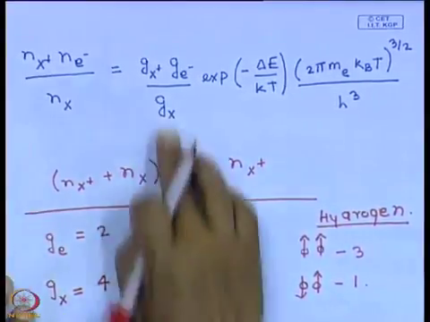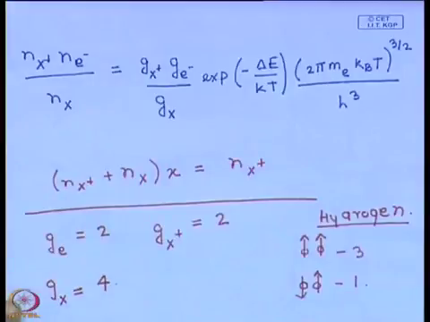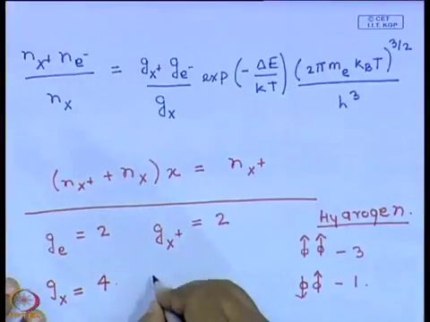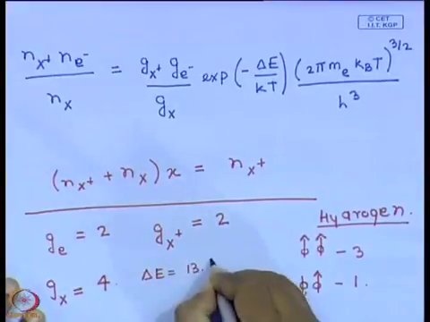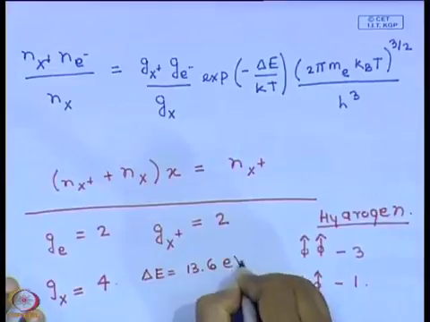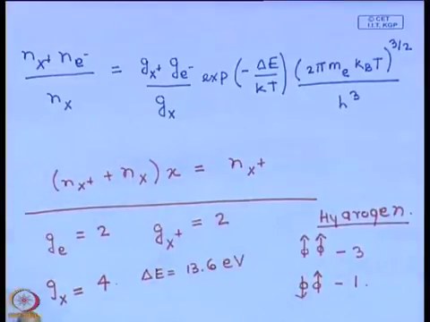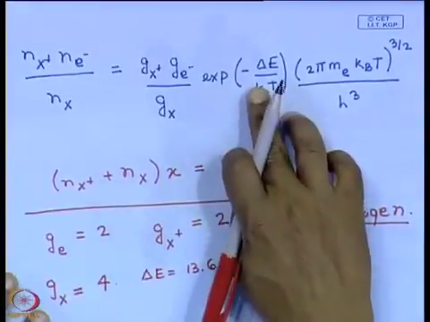So, you can put in these numbers here. The ionization potential for hydrogen is 13.6 electron volts. This we know from atomic physics. So, you can put that in here.